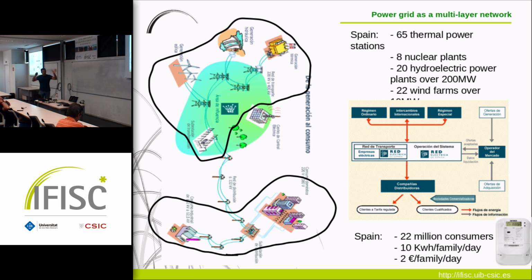So it's a pretty large infrastructure. And on the consumer side, we have 22 million users that consume on average 10 kilowatt hours per day per family. The cost for the users is about €2 per day, more or less, on average. So it's a huge infrastructure in terms of machine, and also from the economic point of view.